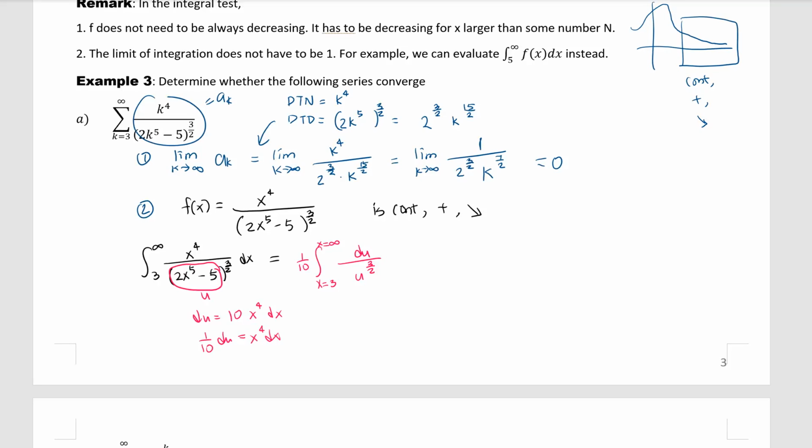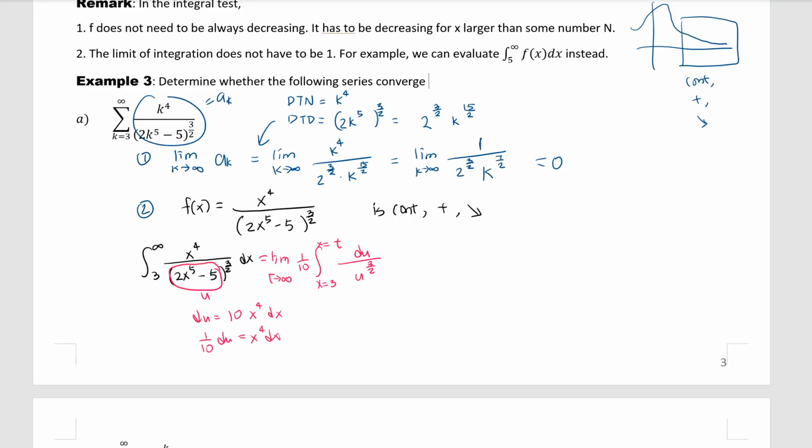Oh, we have another problem because infinity makes this an improper integral. We cannot say it equals infinity. We say t, and we let t go to infinity. That's the improper integral.